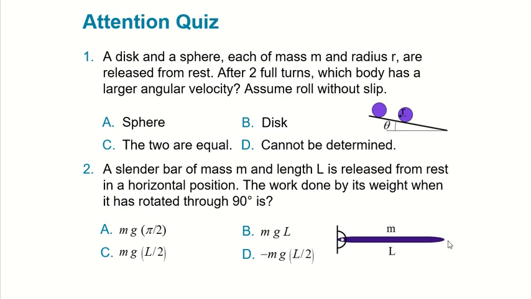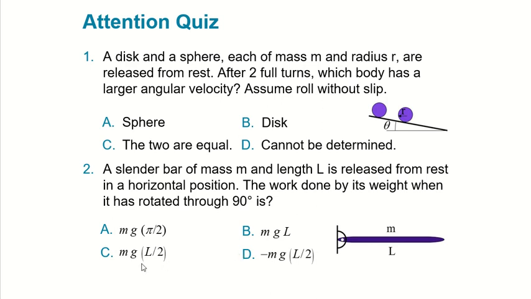When you have a slender bar again, mass M, length L, you're going to release it from rest. Now this time we want to know the work done. So the work done is again your force and then change in displacement.